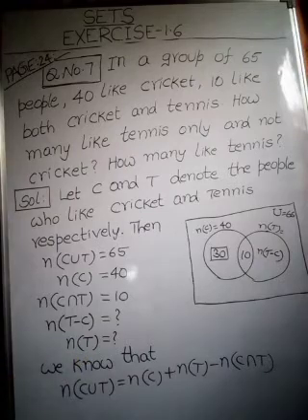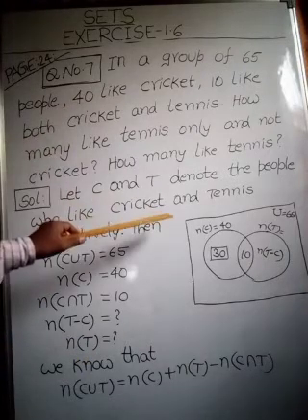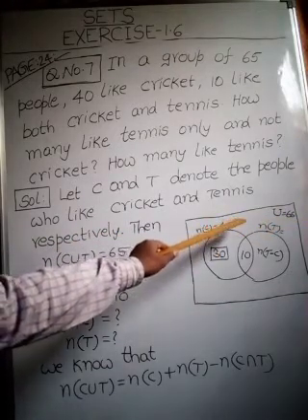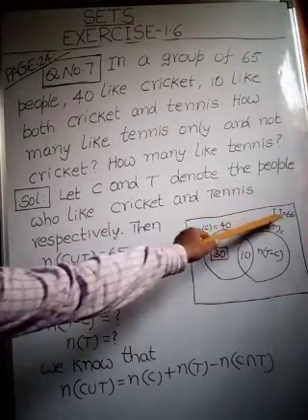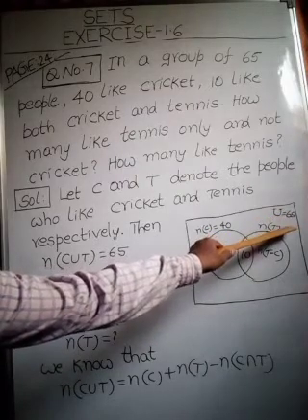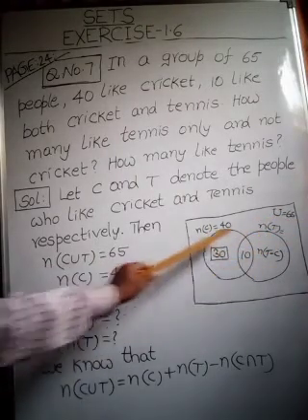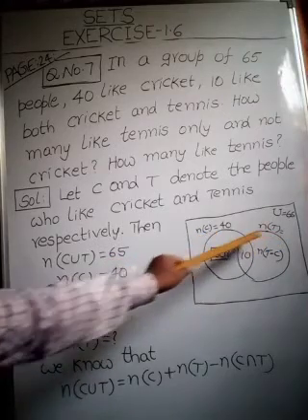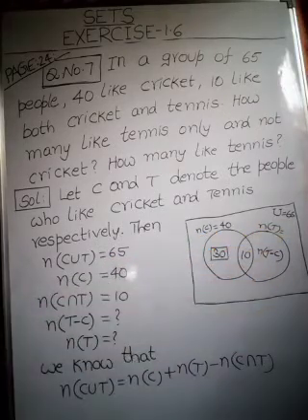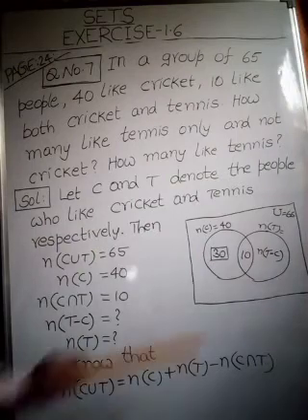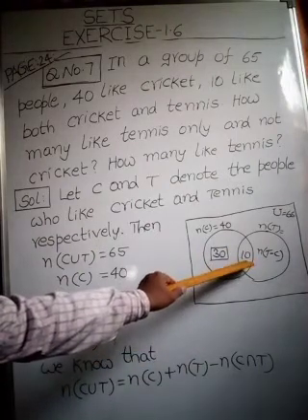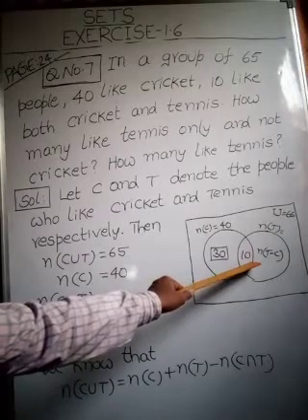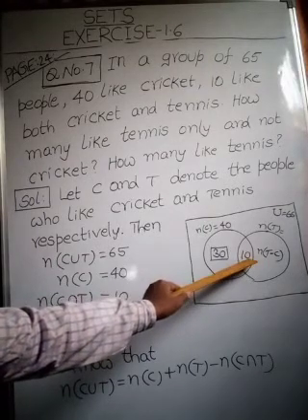I represented the given data by means of a Venn diagram. See, in this diagram, U, the universal set, 65 people are there. This circle denotes the number of people who like cricket and this circle denotes the number of people who like tennis. See here, first I wrote 10, meaning 10 people like both cricket and tennis.